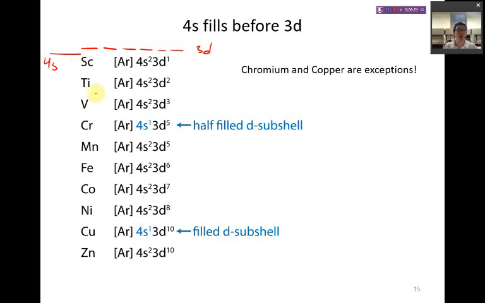And so when we look at the electron configurations of certain transition metals, those being chromium and copper are the two that you need to be familiar with, they have exceptions to the Aufbau principle.